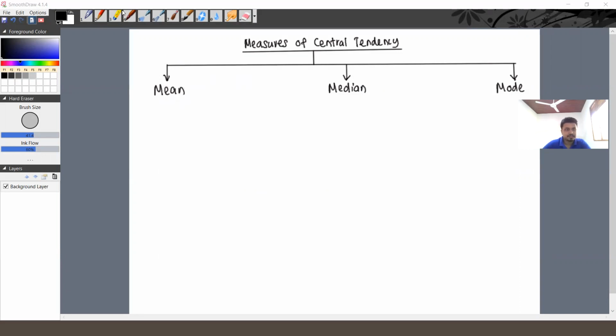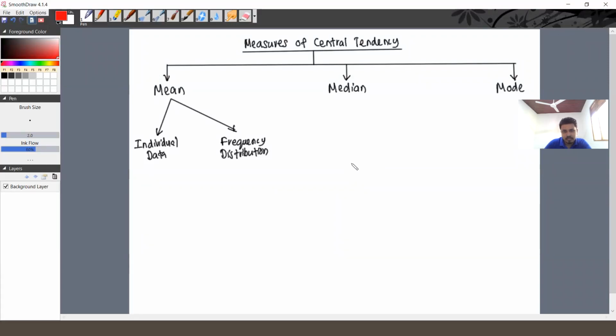Right. If we are referring to an individual data set, and here if we are referring to a frequency distribution, mean value.